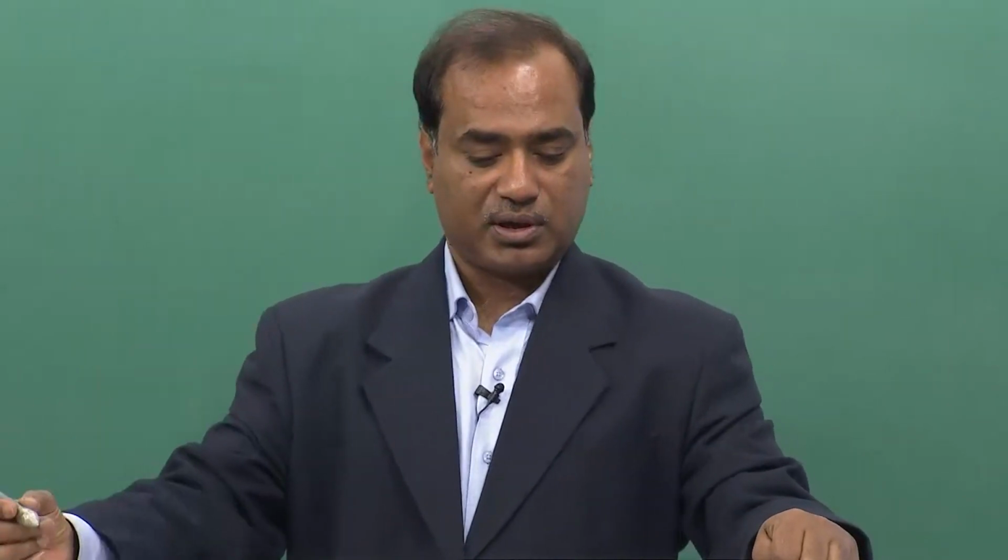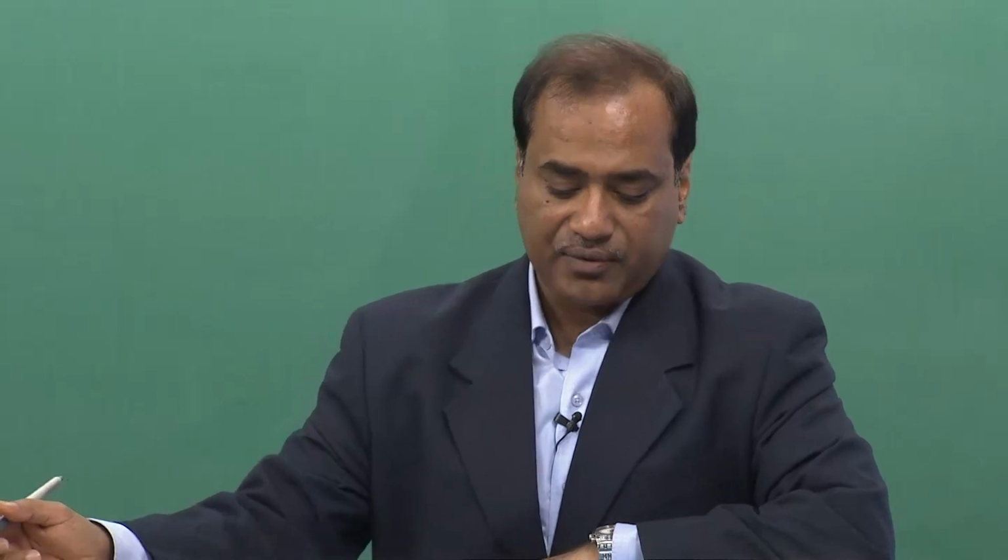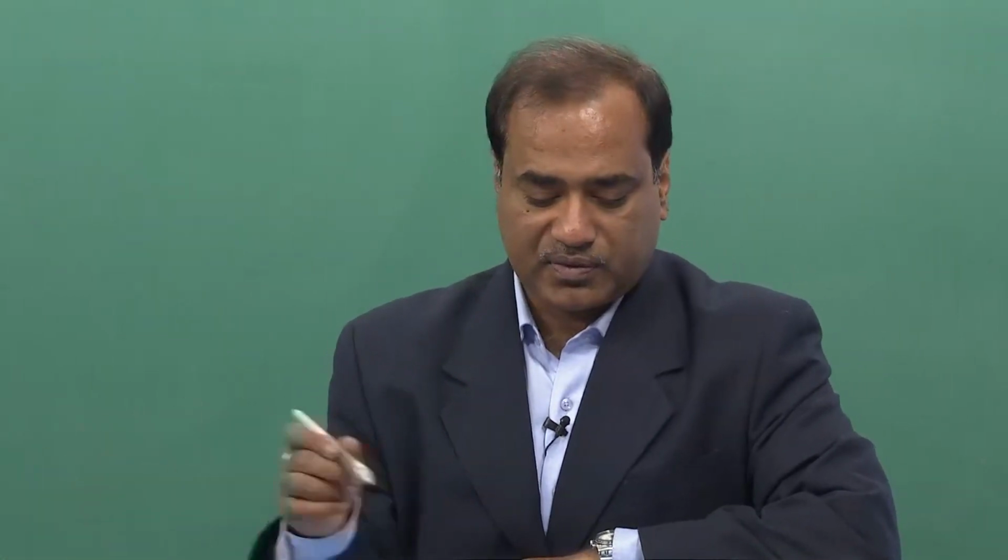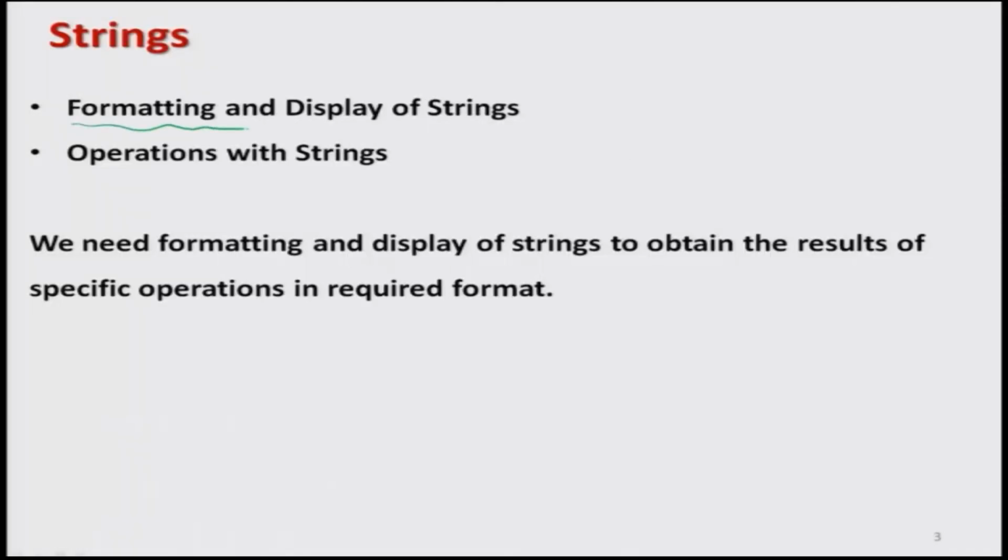Okay. So, when we come to the display and formatting option in R, we have two options. First of all, we want to format and display. That means if there is a string or a number, whatever it is, because whatever we are entering, that has to be taken only as a character.